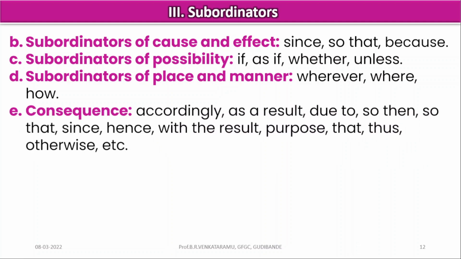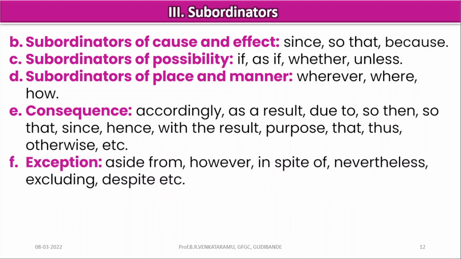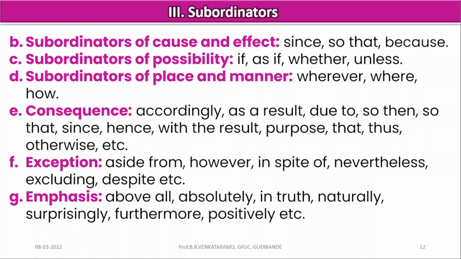And the fifth part of subordinators includes subordinators of consequence, where you can see words like accordingly, as a result, due to, so then, so that, since, hence, with the result, purpose, that, thus, otherwise, etc. The sixth one is subordinators of exception, where you could say aside from, however, in spite of, nevertheless, excluding, despite, etc. And you could see another important part of subordinators called emphasis.